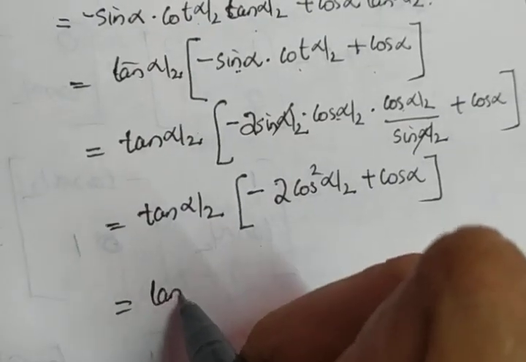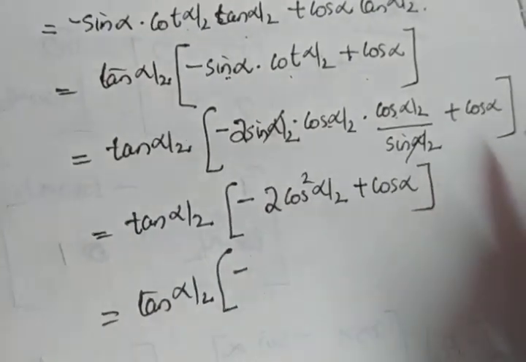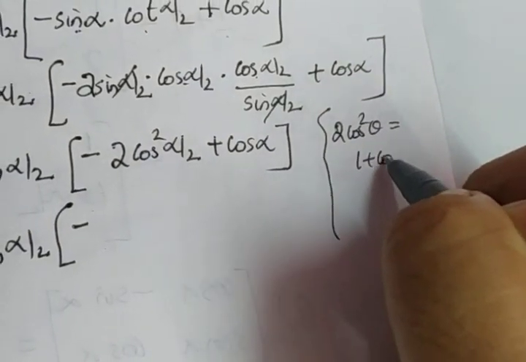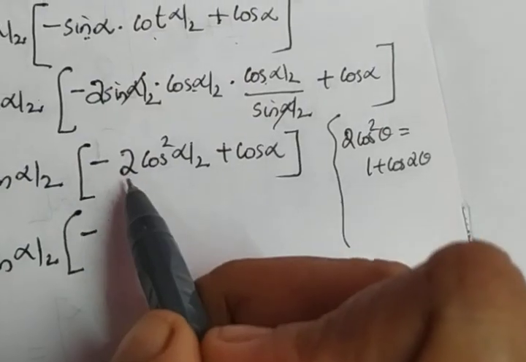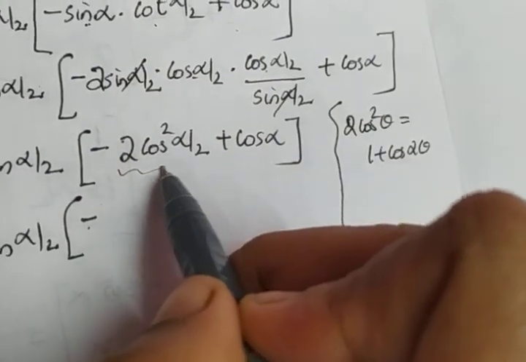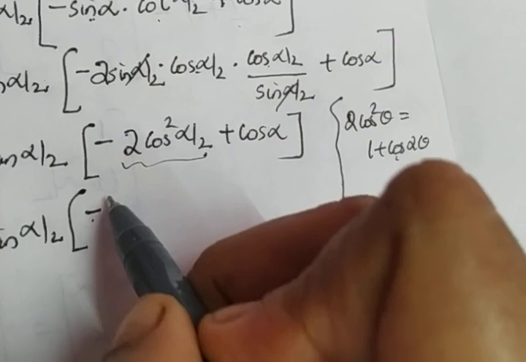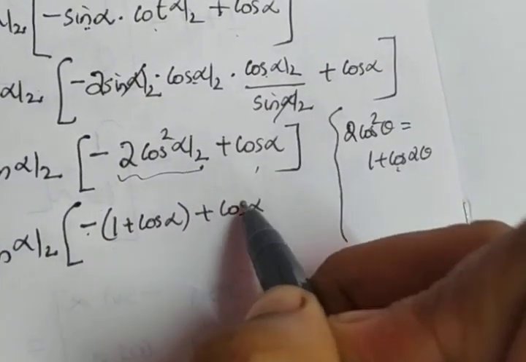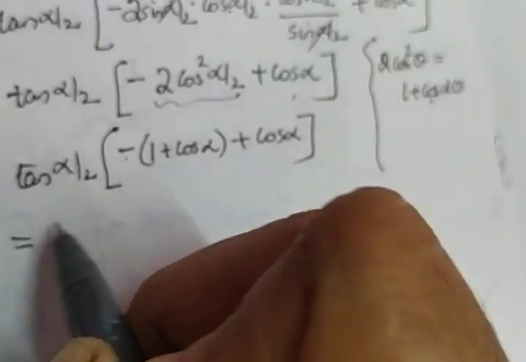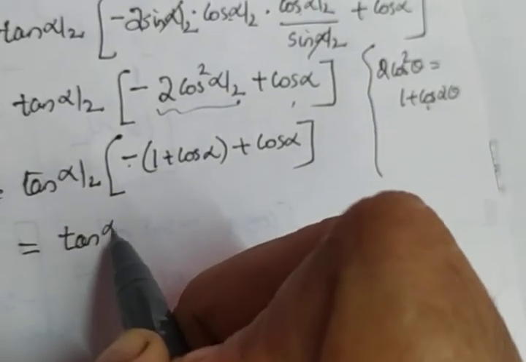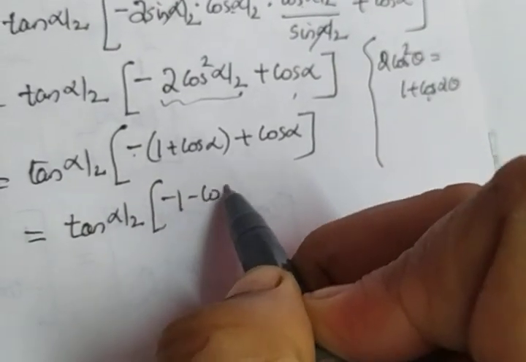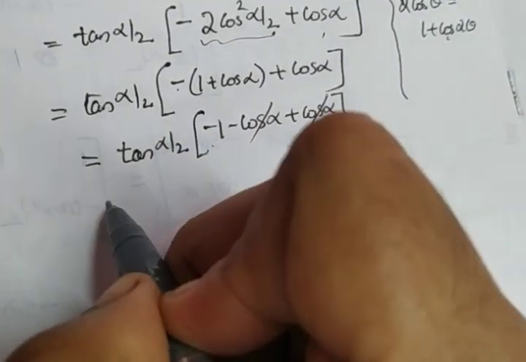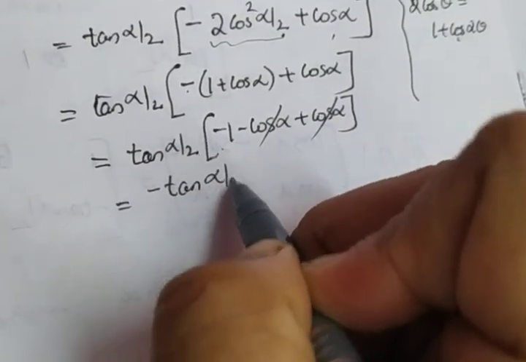Again tan alpha by 2 into minus of, we have again a formula, 2 cos square theta is 1 plus cos 2 theta. So instead of 2 cos square alpha by 2, we apply this value: 1 plus cos alpha, plus cos alpha. So open the bracket, tan alpha by 2 into minus 1 minus cos alpha plus cos alpha. So cos alpha gets cancelled, minus 1 into tan alpha by 2 gives you minus tan alpha by 2.